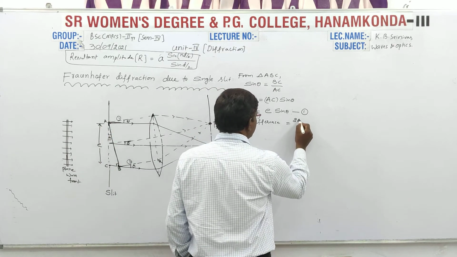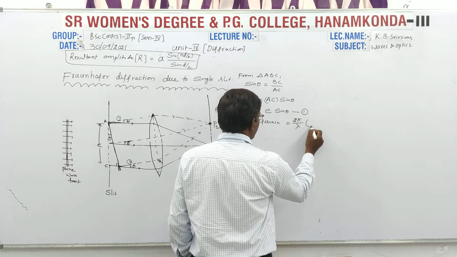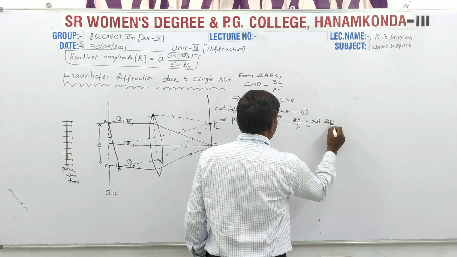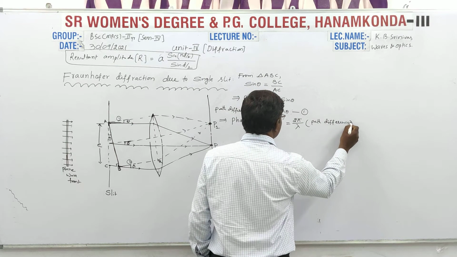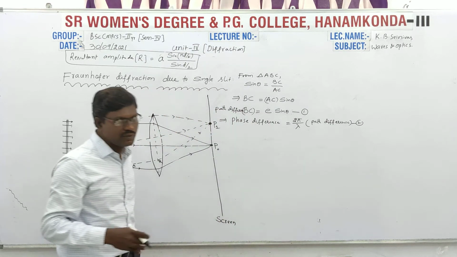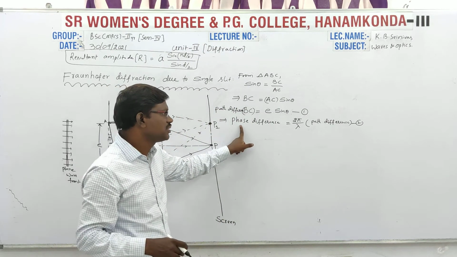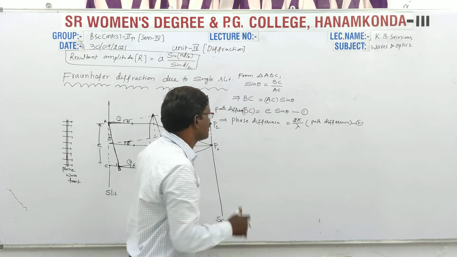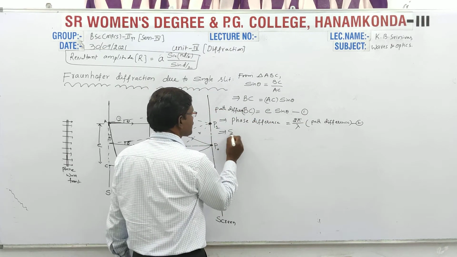What is the relation? 2 pi by lambda into path difference. So this formula we generally use whenever we calculate phase difference if we have path difference. Clear?